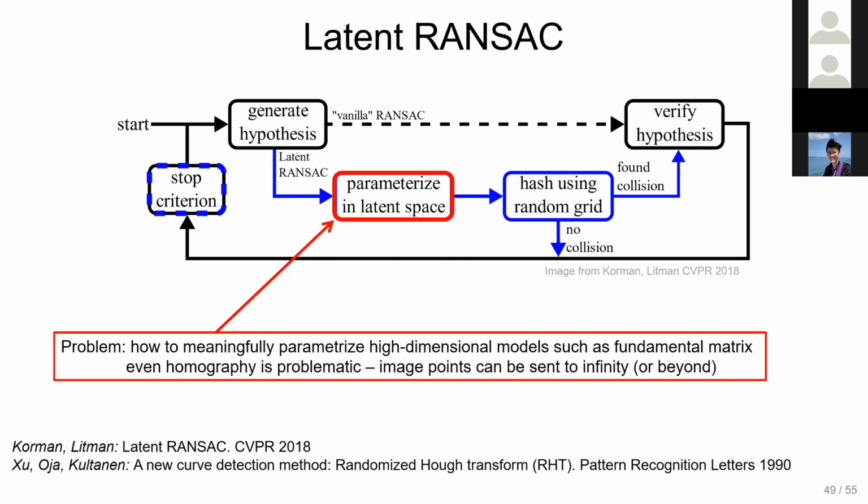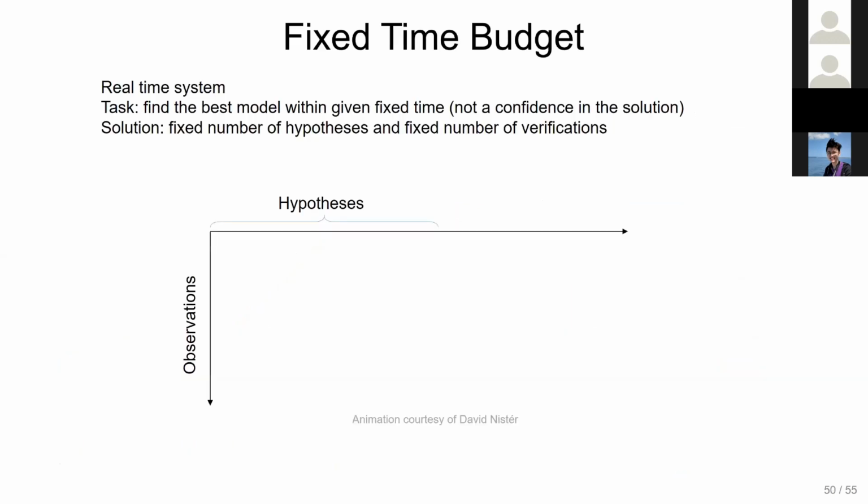Typically, for some models it is possible and relatively easy to find a meaningful parameterization so that two similar models would be close. However, for high-dimensional models such as the fundamental matrix or even for homography, this might be problematic and may not generalize to all possible situations. And the final one I would like to speak about is slightly different from the previous ones.